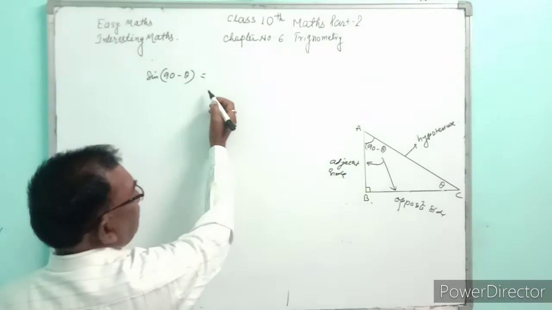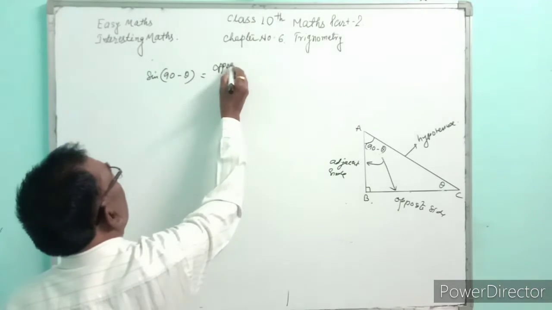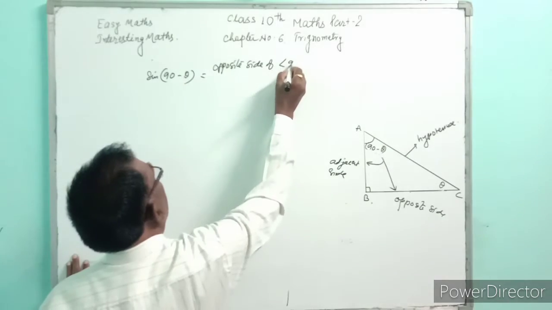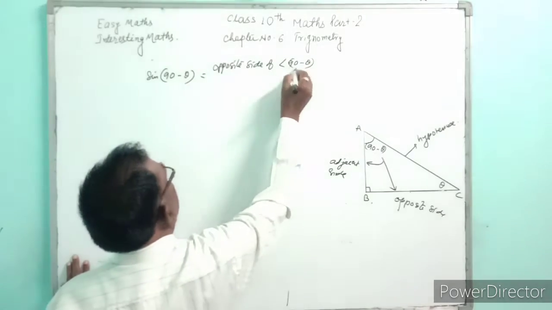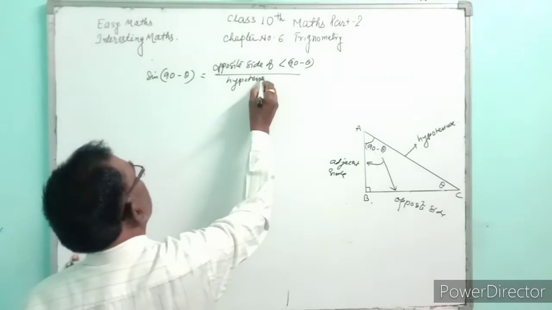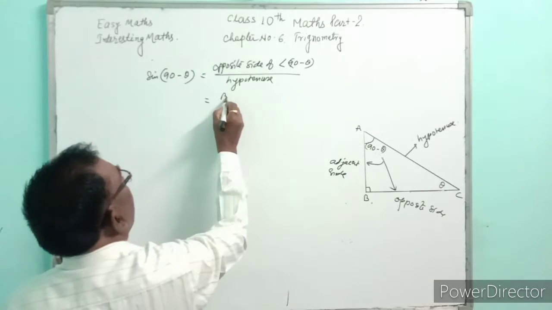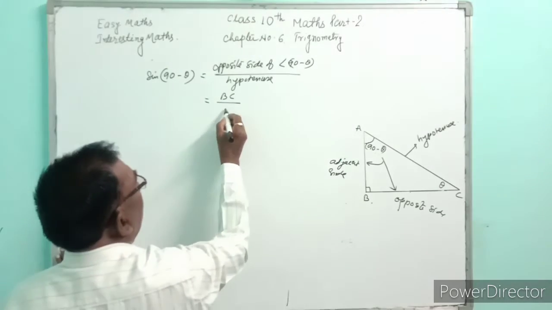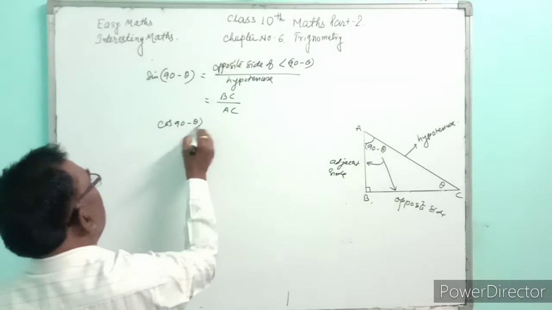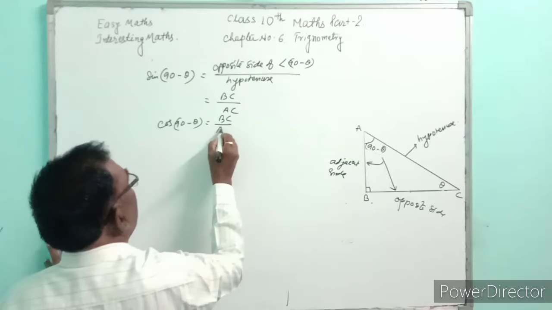Therefore, sin 90 minus theta is equal to opposite side of angle 90 minus theta divided by hypotenuse, which is BC by AC.